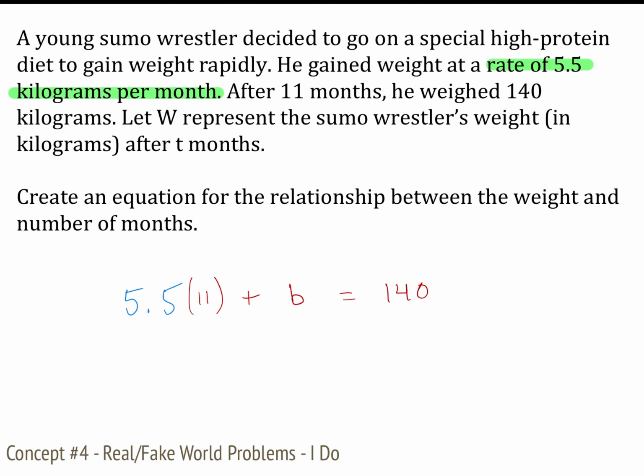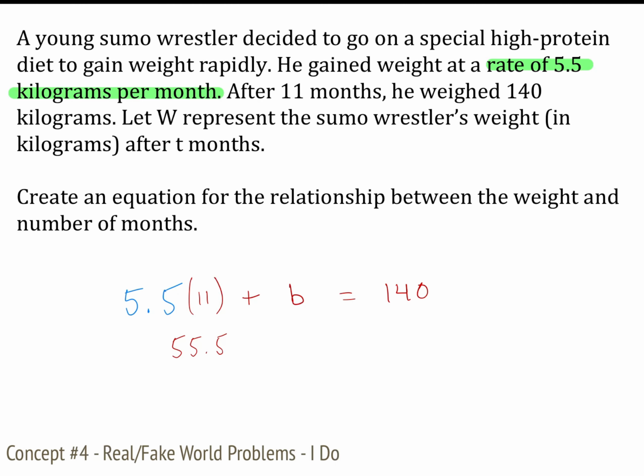Now remember, kilograms is nothing like pounds, so this weight is actually not a low weight. 140 kilograms is a lot of weight, okay? And if we can solve for B, we can set up our equation. So 5.5 times 11 gives us 55.5. Oh no, the math teacher is going to bust out a calculator because he had a long coronavirus summer.